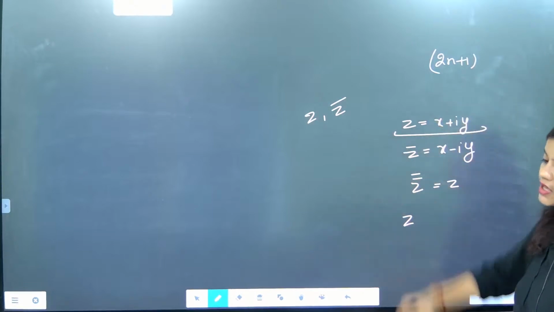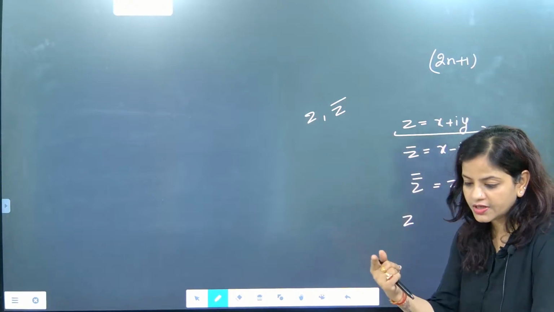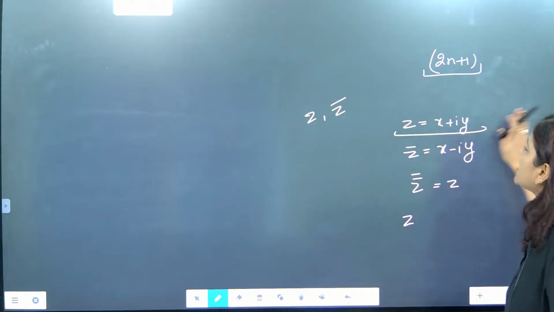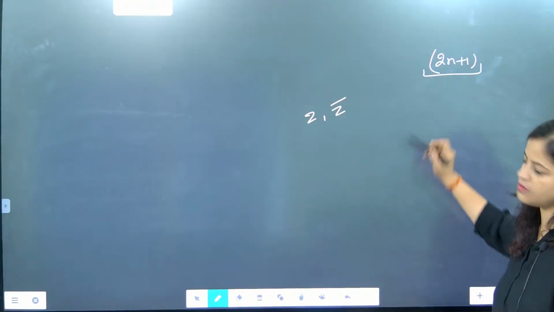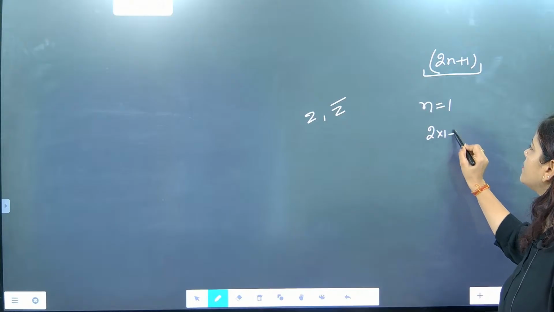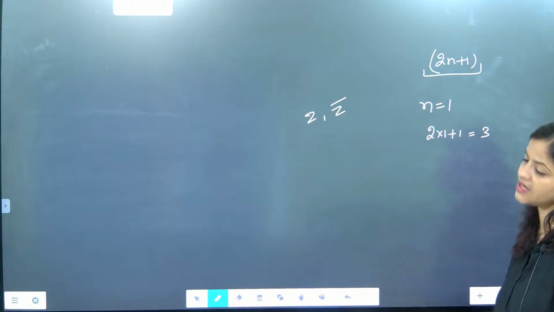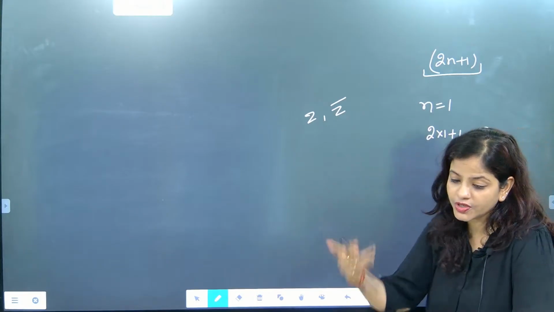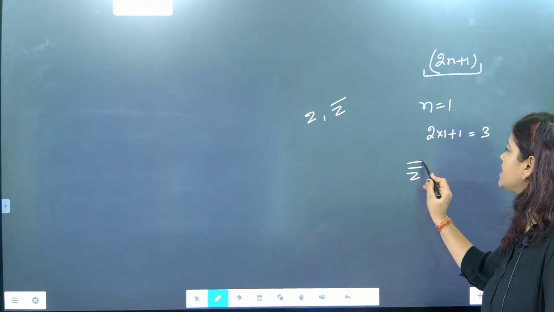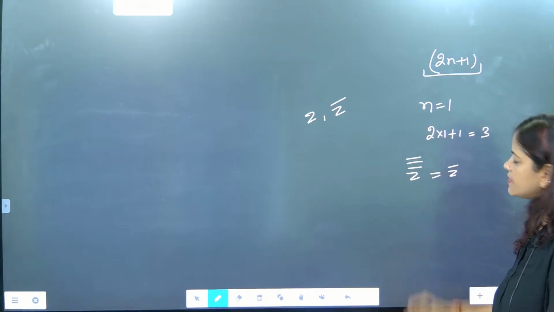Now if n is a natural number and you write 2n plus 1, start n with 1. When n is 1, it becomes 2 into 1 plus 1, which is 3. So 3 times conjugate is coming, and that means the answer will be z conjugate.